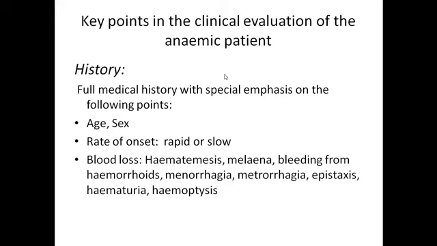Full medical history with special emphasis on the following points: age, sex, rate of onset (rapid, slow), blood loss. In case of female, they are more vulnerable to iron deficiency anemia.